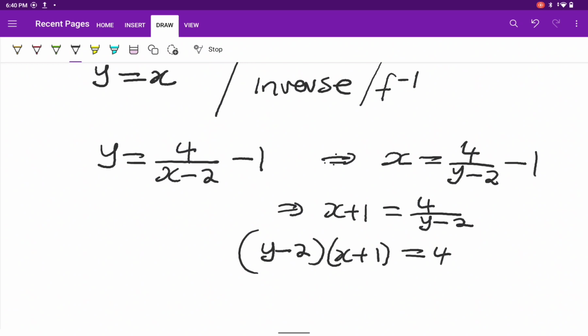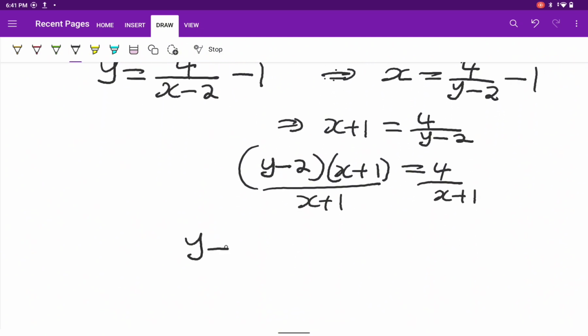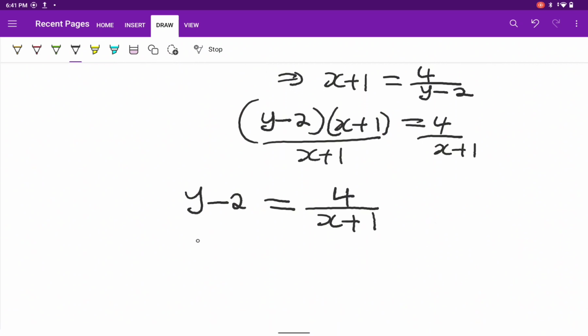All right, so remember we are solving for y, so we will divide by x plus 1 both sides. So we divide by x plus 1, so we are left with y minus 2 equals 4 over x plus 1. Right, then now we can take the 2 to the other side.